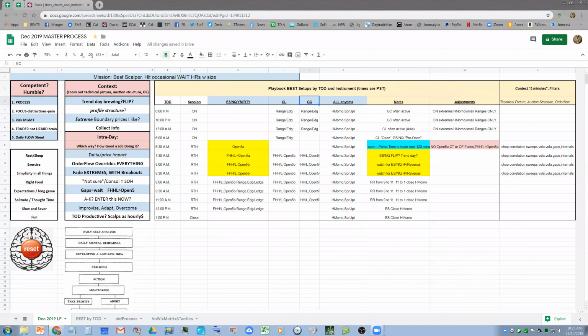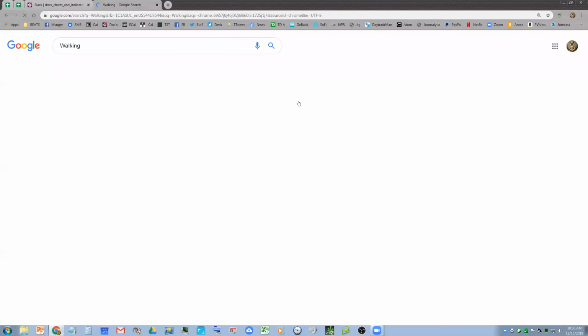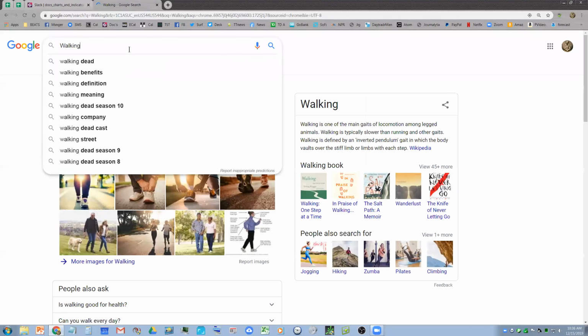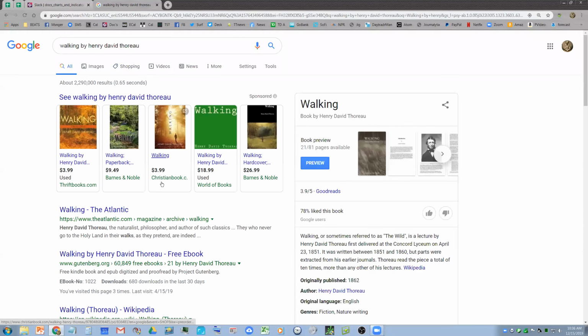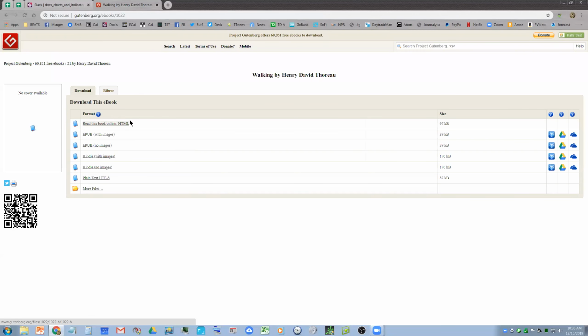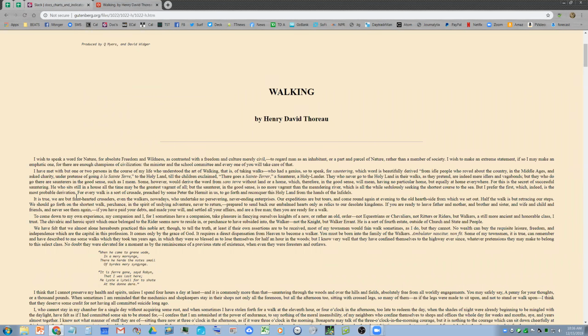By the way, my absolute favorite essay on the planet is called Walking, which is by Henry David Thoreau. There's a free version of it out on the internet, and I strongly recommend you guys read this because it's just a really cool thing. "I wish to speak a word for nature, for absolute freedom and wildness, as contrasted with a freedom and culture merely civil.